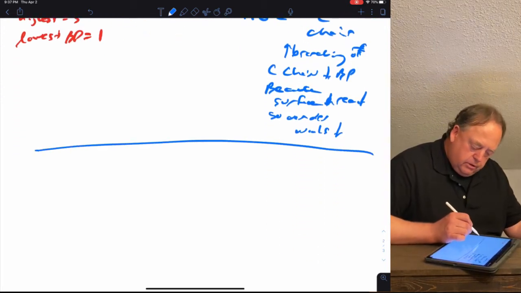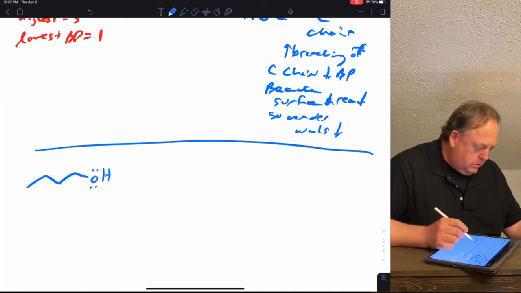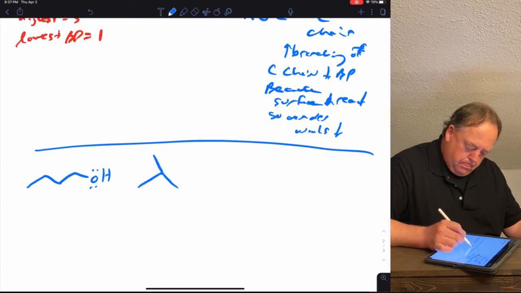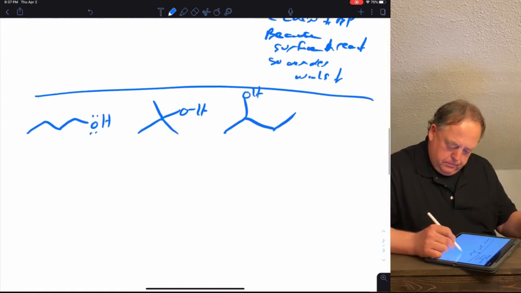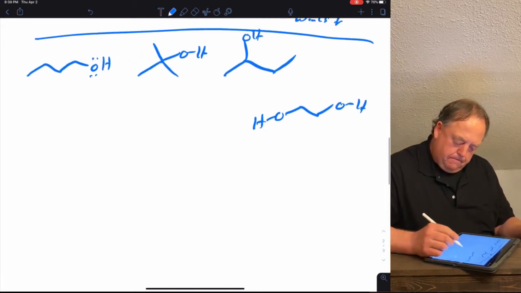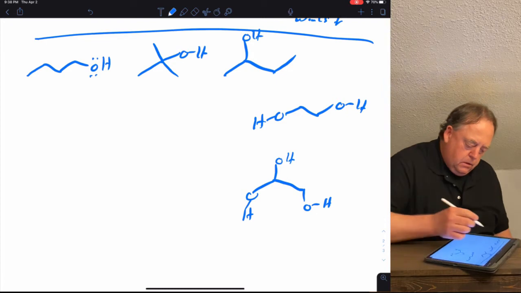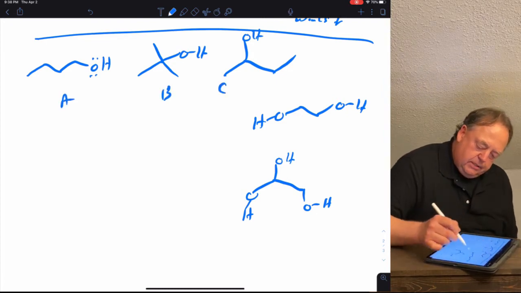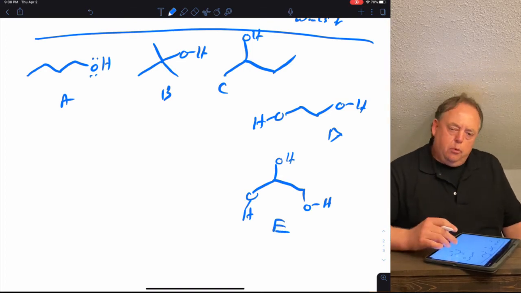Okay, let's compare these molecules. We'll call it A, B, C, D, and E. So again, let's put them in order of boiling point.